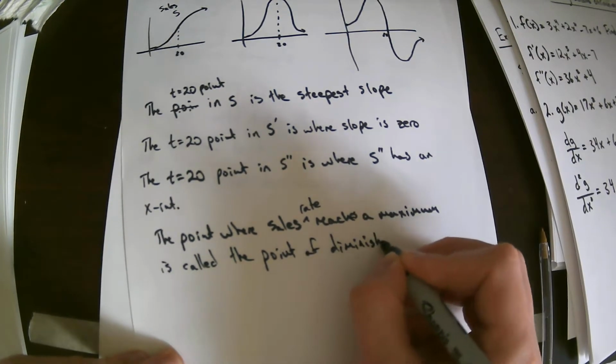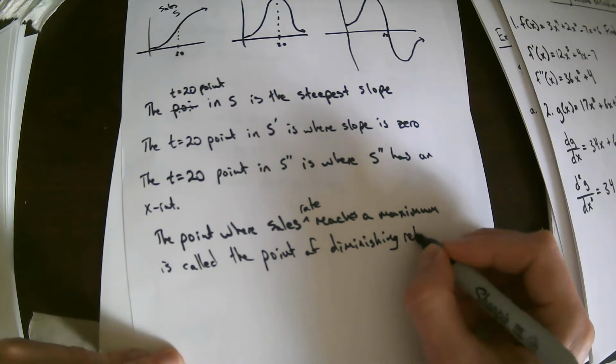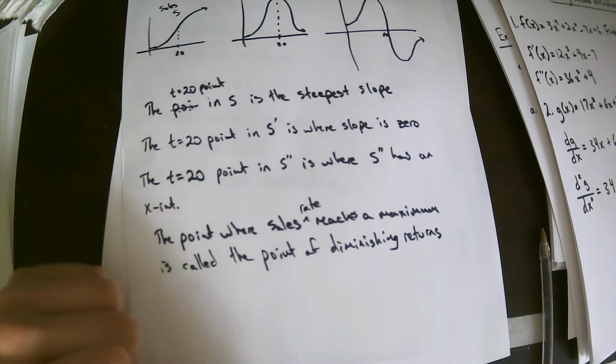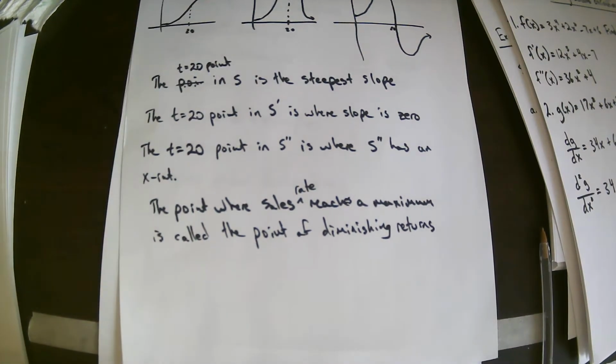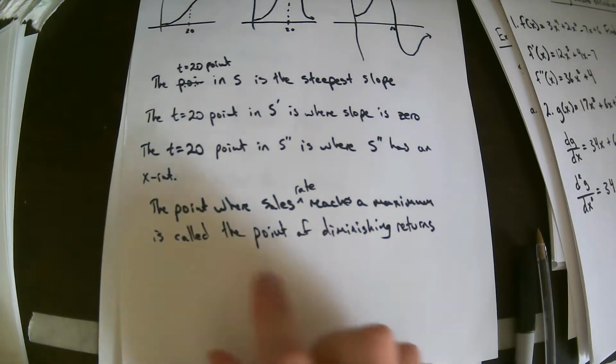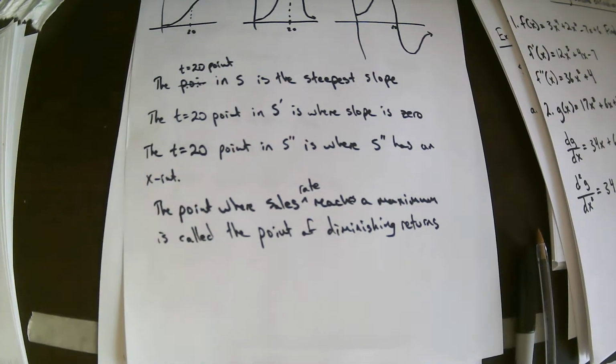You can no longer sell any more for whatever reason. There's no way to increase the rate of your sales. Everyone has your product, or there's not enough demand, or whatever it may be. That point is called the point of diminishing returns.